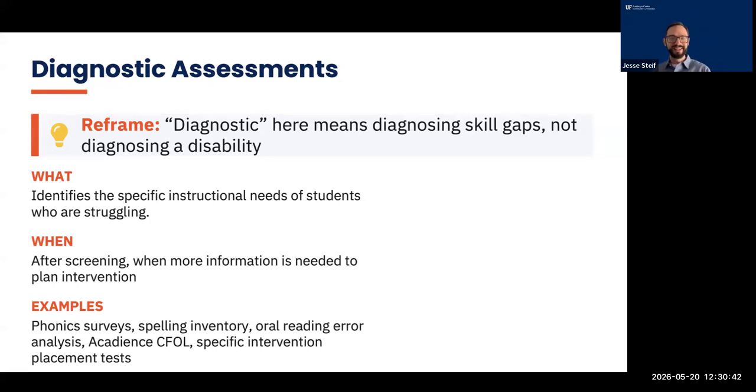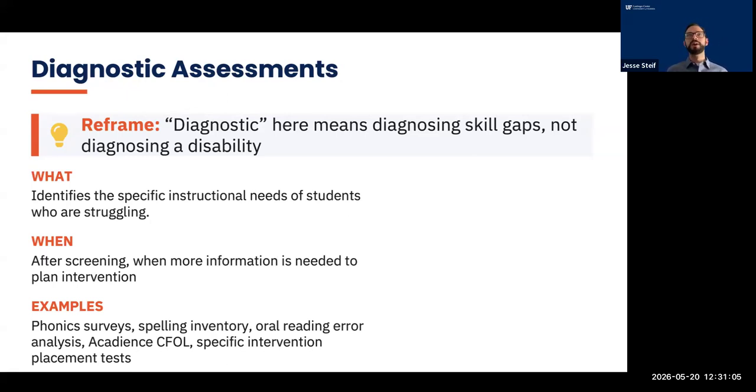It's a bit of a longer test, and so we don't want to give it to everyone, and it is free and open source available. And we'll also get into specific intervention placement tests in just a moment. We do consider these intervention placement tests to be diagnostic.